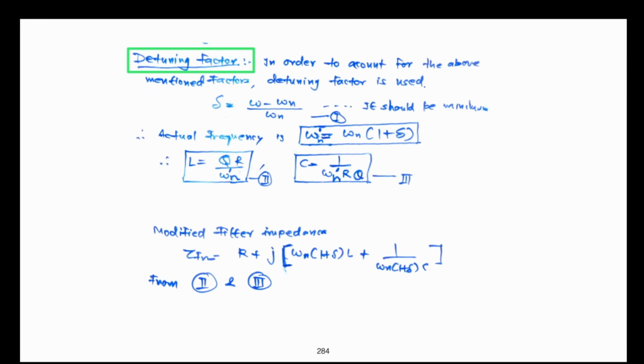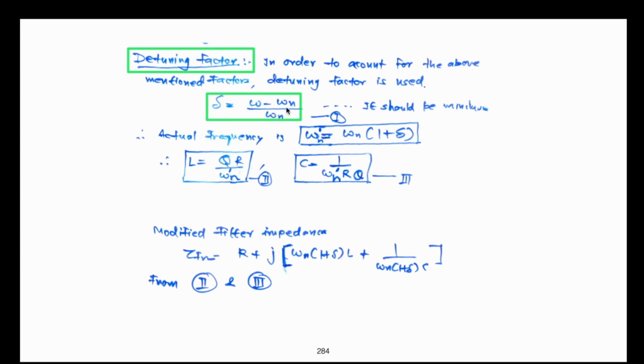We consider that some variations are there in the frequency, and similarly in the values of inductance and capacitance. The variation in frequency is considered using the factor delta, which is the actual frequency minus the nth harmonic frequency, divided by the nth harmonic frequency.